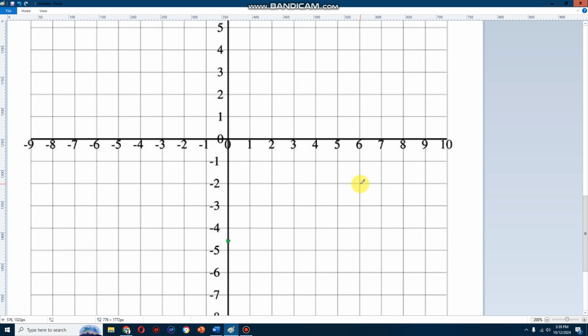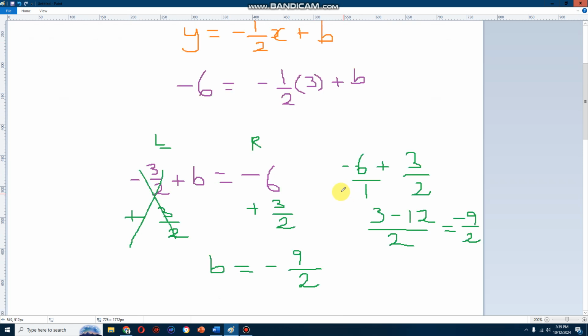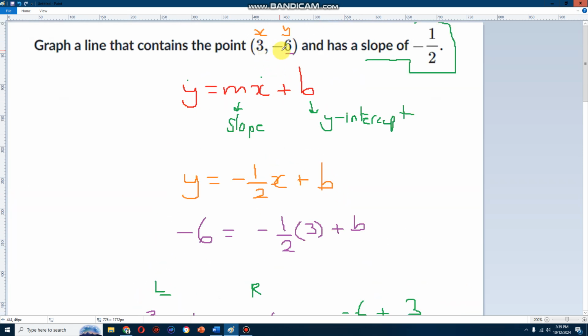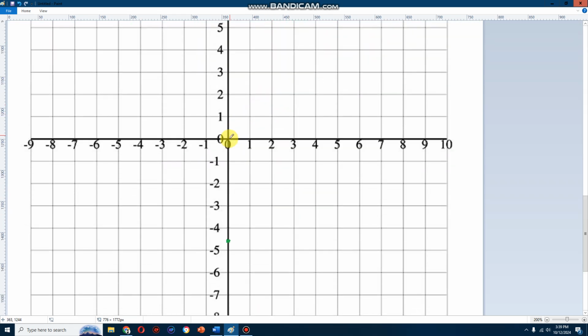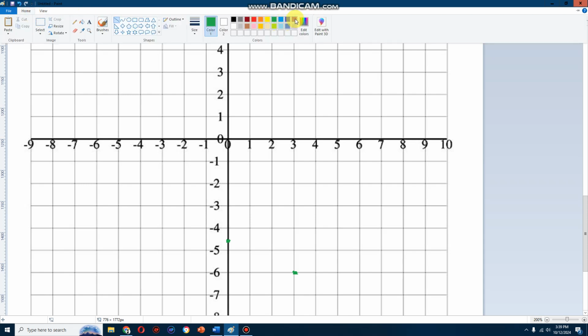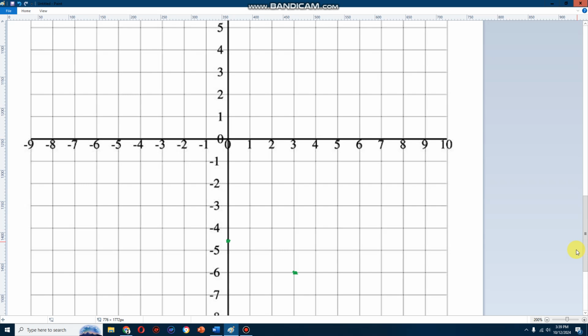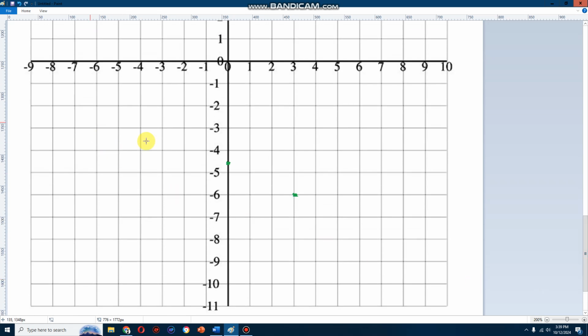Is that cool? And then if we go back here, I know that my other coordinate point is 3 comma minus 6, right over here. So let's go find 3, elevator 3, and let's take it down to minus 6. Boom! Two coordinate points we've got. Let's draw a line to connect them. Now I'm going to try to do this freehand.